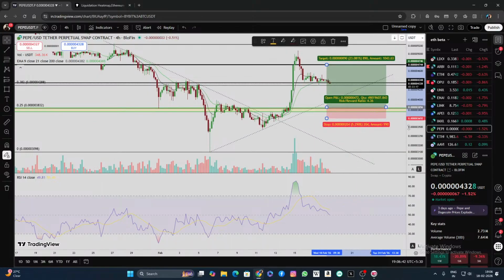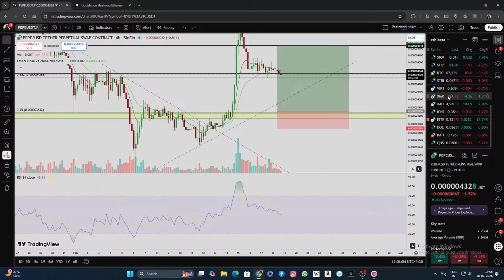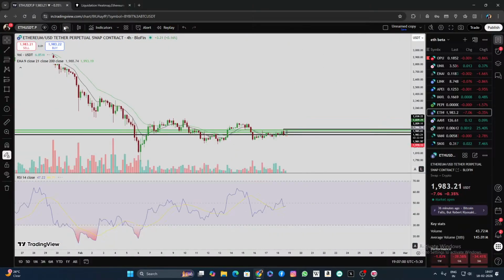Stop loss around here. So if you wanna put limit on Pepe, make sure you do your entry around 3856 and SL around 3652. Let's see what it does.